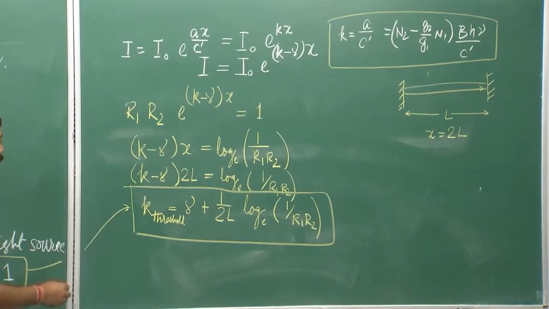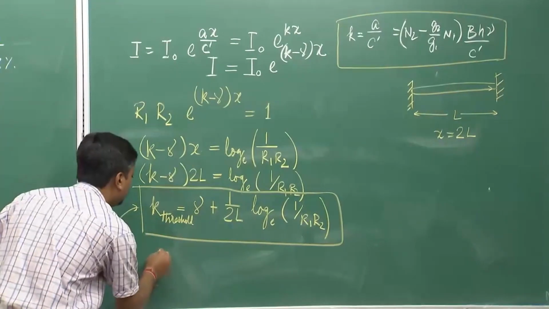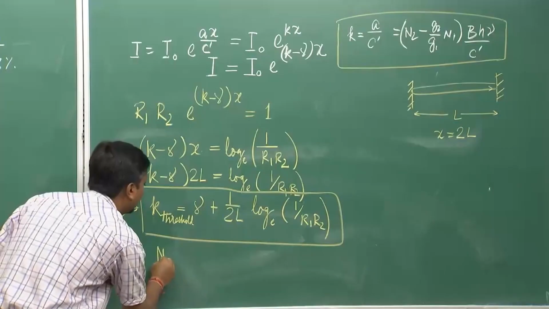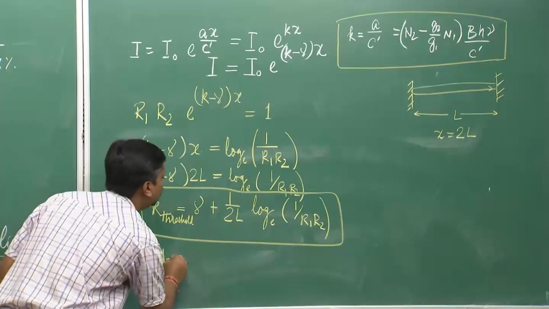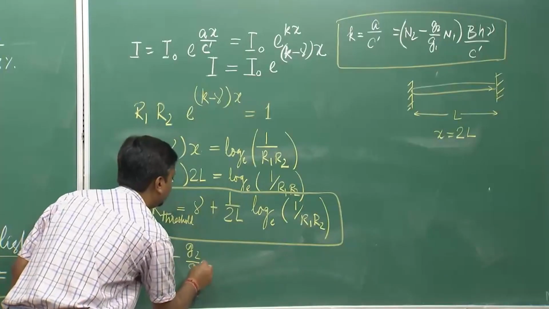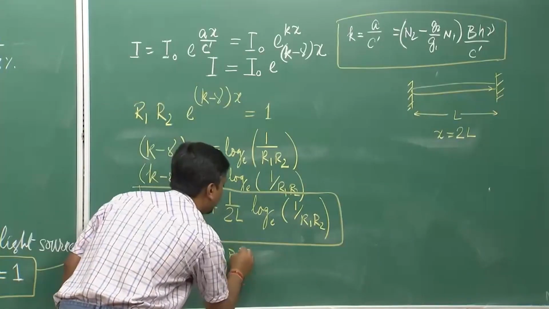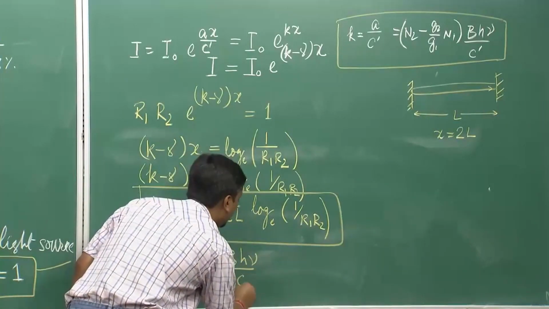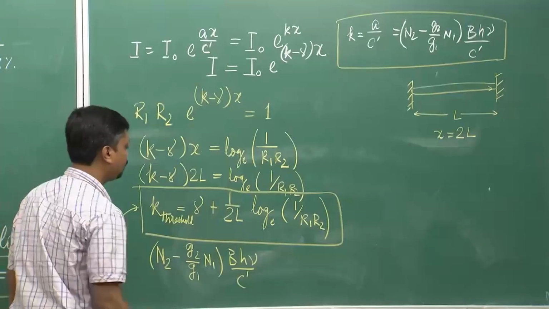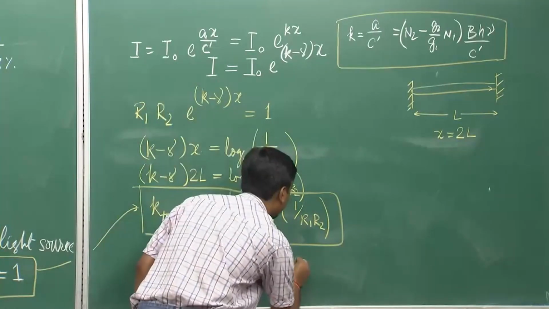So, what I need to have here is into minus G2 by G1 C prime should be greater than this.